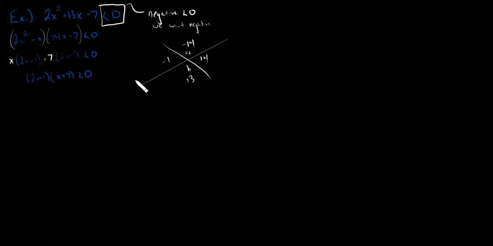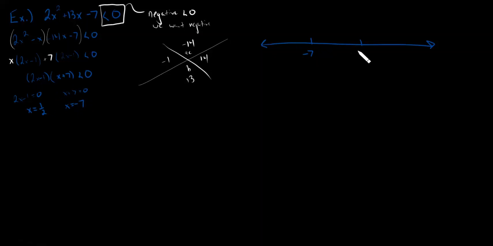Now that we have this, we can go ahead and set up our number line. And remember, to find out where it splits, we set each of these equal to 0 as though we were solving the equation, and we solve for x, and x would be 1/2 and x would be negative 7.